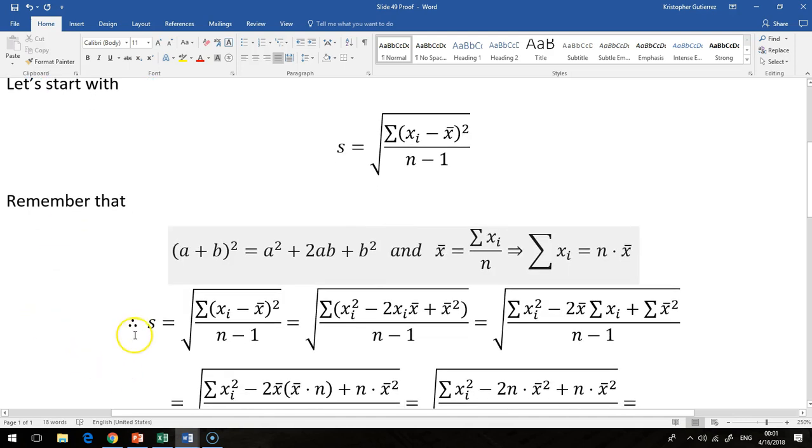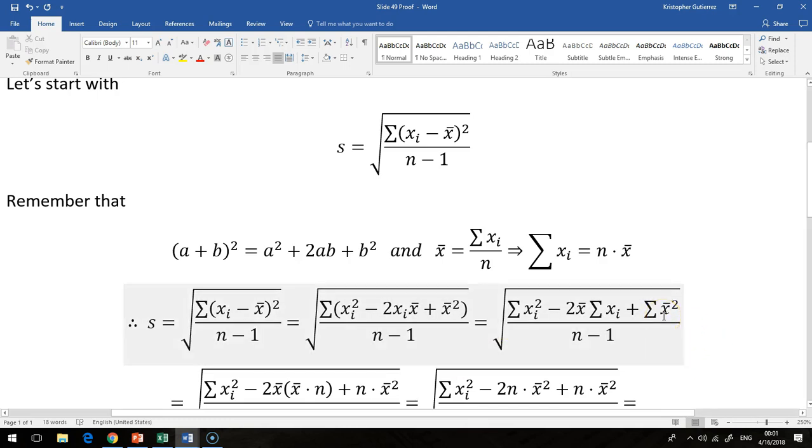All right. Therefore, S is equal to the square root of sigma of x i minus x bar squared over n minus 1, which is equal to the sum of, square that out, x sub i squared minus 2 x sub i x bar plus x bar squared over n minus 1, equal to square root of sum of x i squared minus 2 x bar sum x i plus sum of x bar squared.